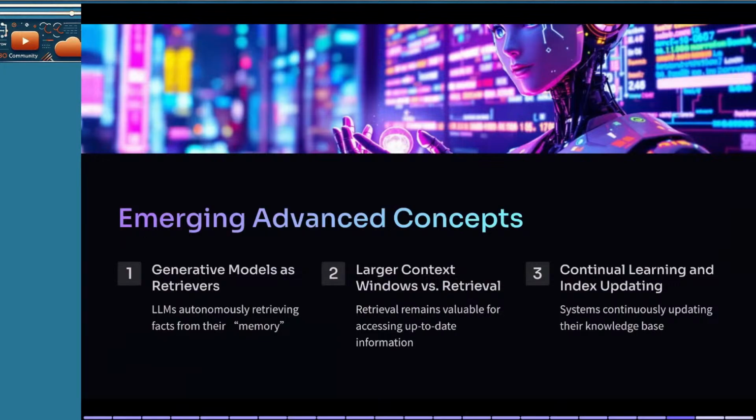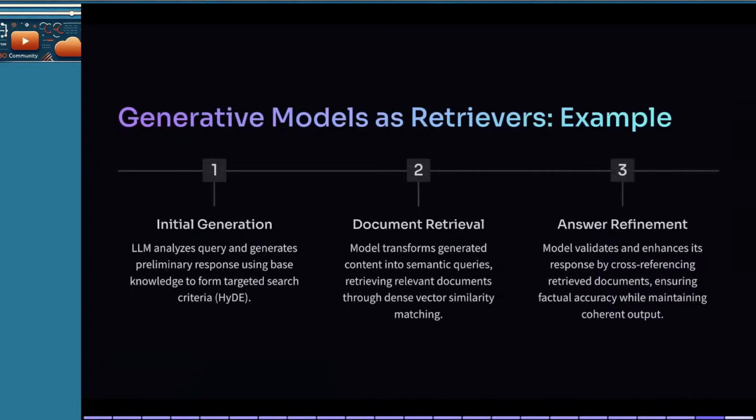I've got some examples here of what it does. So when a user query comes in, we analyze the query and generate a preliminary response using base knowledge to form targeted search criteria. This is to say that when we're doing search on embeddings, we're not doing the search on the user query; we're trying to find stuff that looks like the user query.